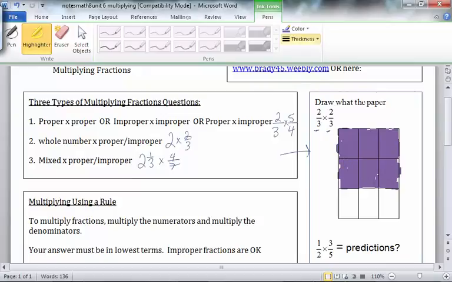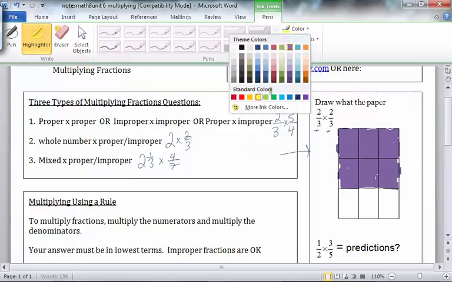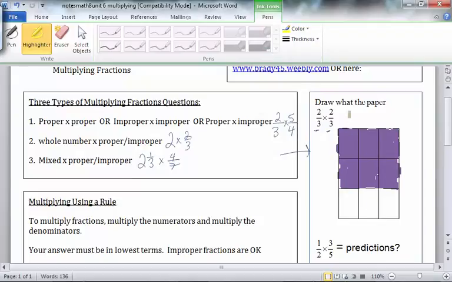Now, if I was going to multiply that by 2/3, I'm going to divide this paper up into thirds, but this time vertically. So there would be 1/3, and here would be 2/3. So 2/3 times 2/3 would look like this if I wanted to draw it.